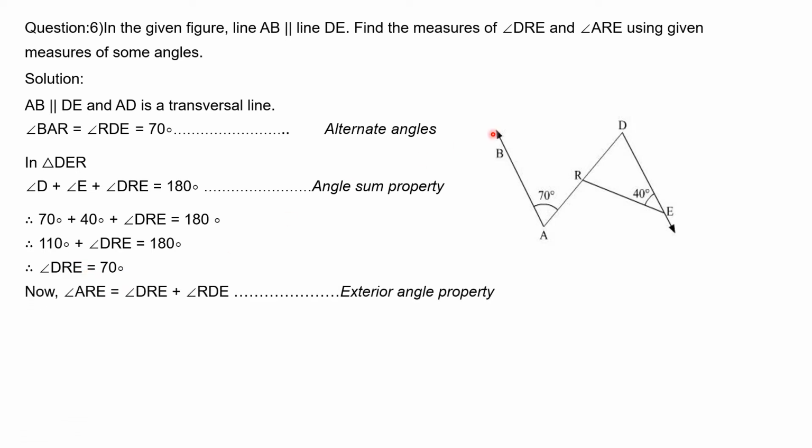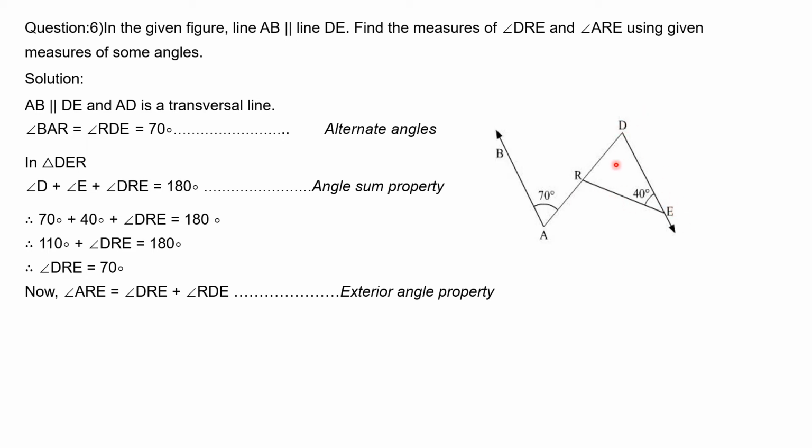Now we find out angle ARE. Angle ARE is equal to angle DRE plus angle REB. Angle ARE is the exterior angle of triangle BER.